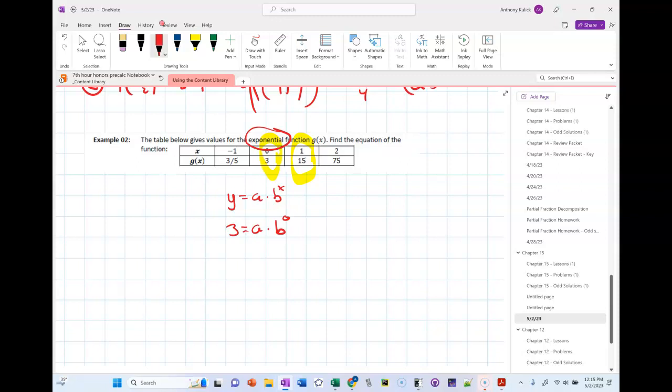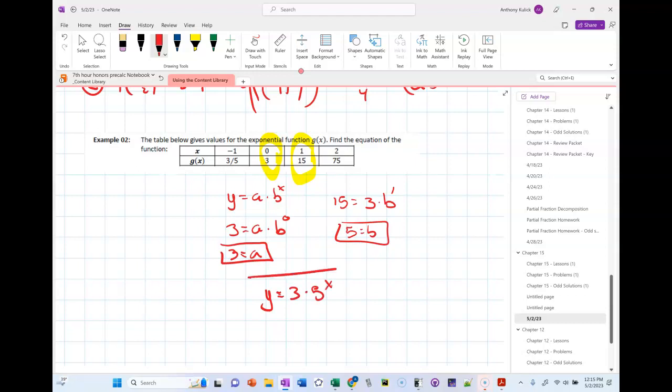So it can't be 0, so I'm fine saying that that's just 1. So I just get a is 3. From the other one, then, what can I do? I can say 15 is equal to my new value for a times b to the first. So b is just 5. So I have the equation y equals 3 times 5 to the x.